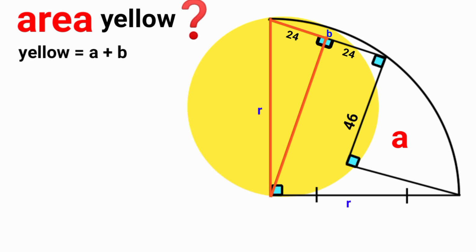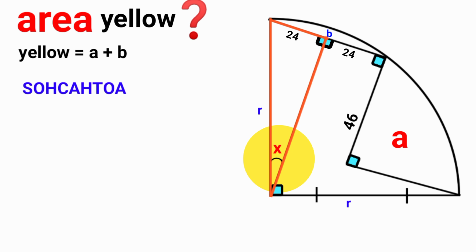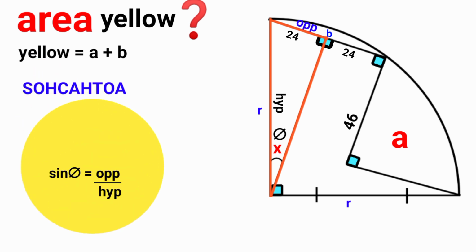Now look at this triangle. It is a right angle triangle. So you assume the size of this angle to be x and use SOHCAHTOA. Taking the angle as theta, this is the opposite and there is the hypotenuse. From here, sin theta equals opposite over hypotenuse.